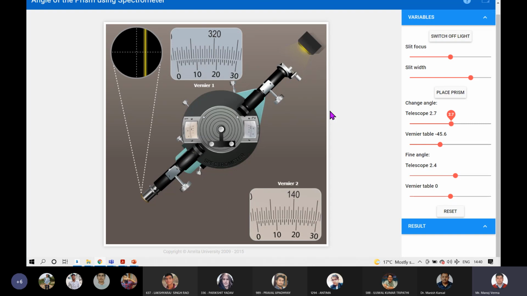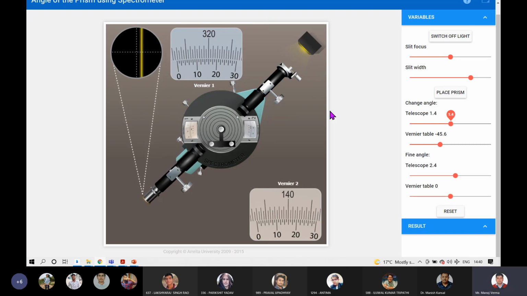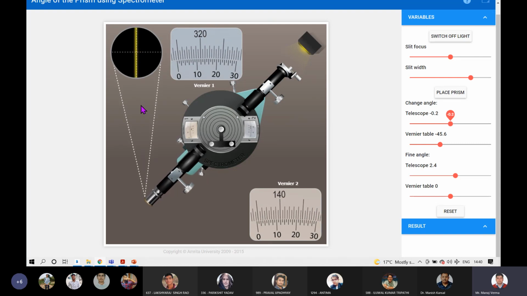I have to rotate this telescope so that my slit exactly matches with this cross wire. These white lines and this perpendicular white line are actually called cross wires of this telescope. For any observation, I have to match the slit exactly onto this cross wire.